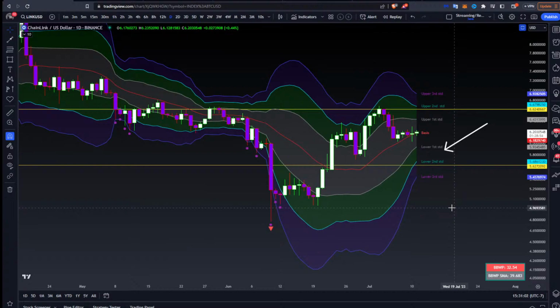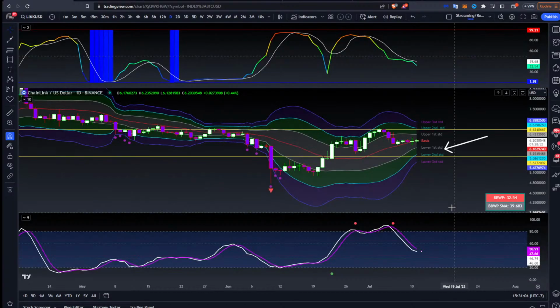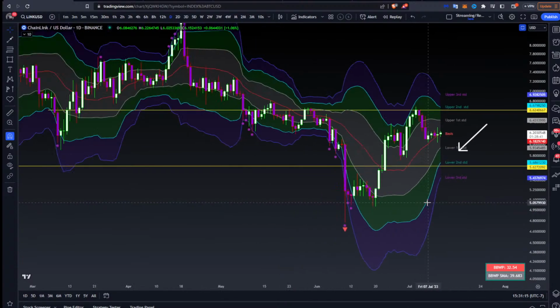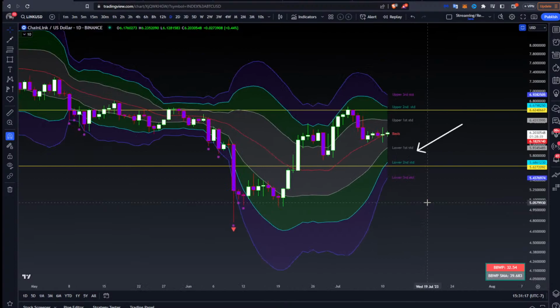The weekly is showing potential further upside. The daily is in a tentative uptrend within the context of a larger downtrending structure. So my advice would be, if you're trading, keep an eye on the lower time frames.